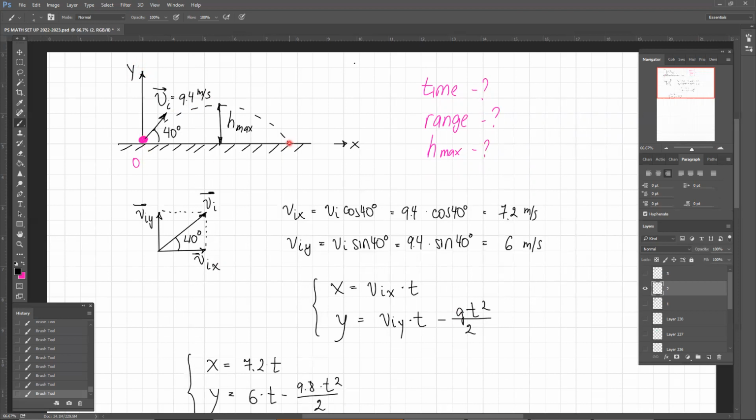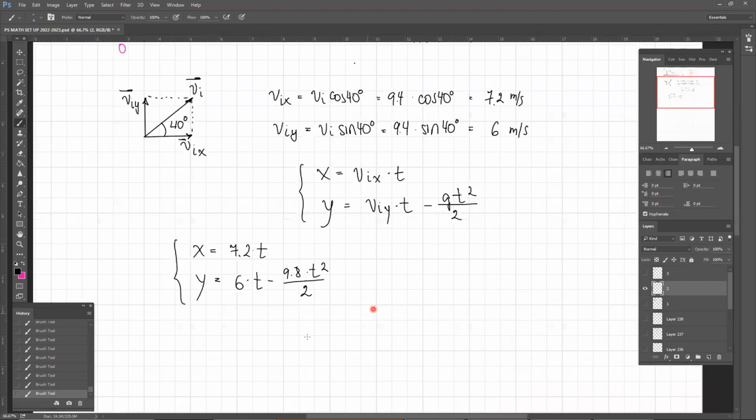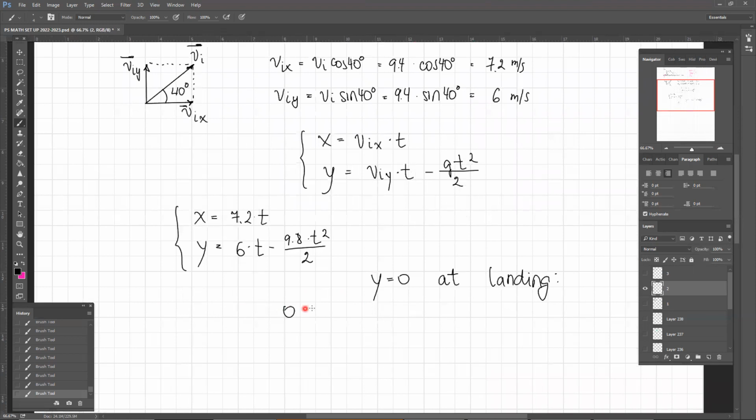So vertical displacement is 0. So y equals 0 at landing. And we have a somewhat quadratic, but at the same time, quite a simple quadratic equation.